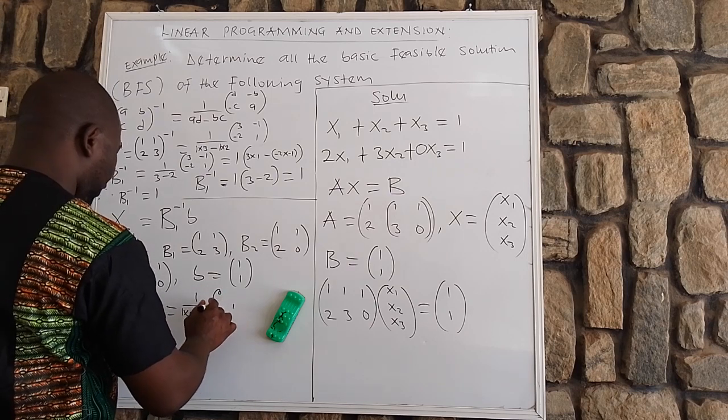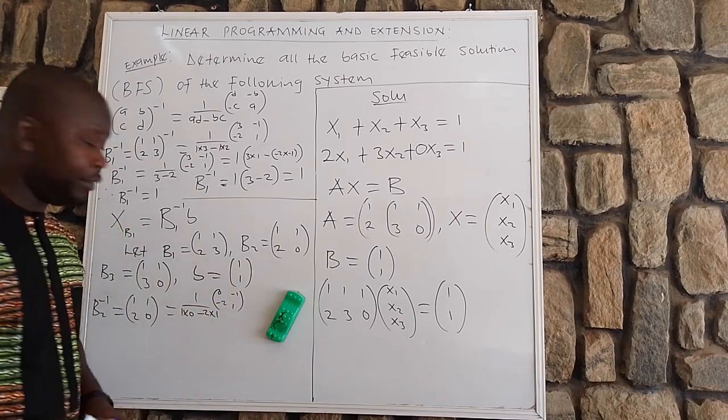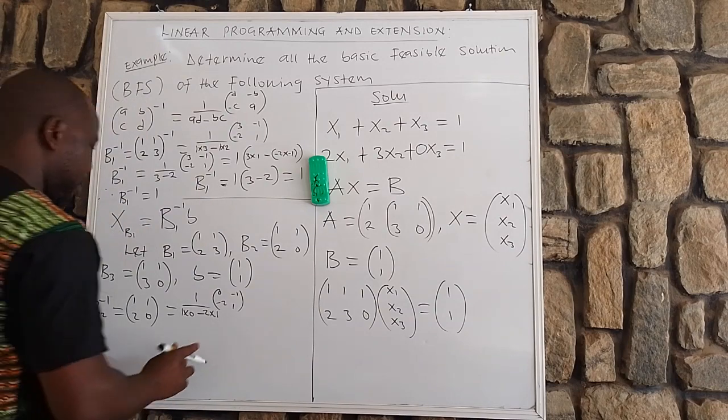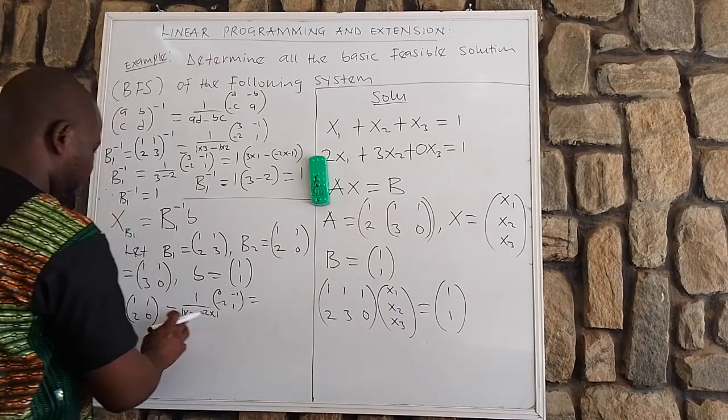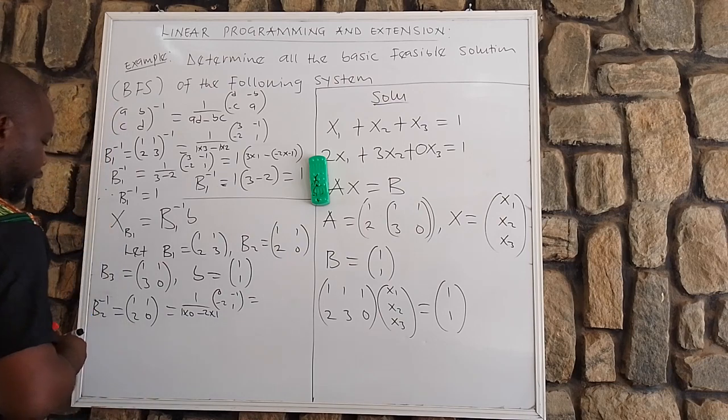0, 1, minus 2, minus 1. I hope you are following. You agree with me? So if you agree with me, it implies that here will be 0 minus what? 2, isn't it?